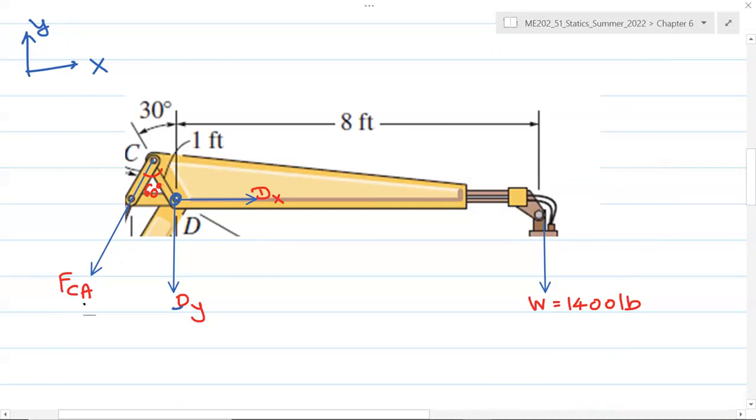So there is a force along link AC, which is FCA. And this is the applied load, and this angle here is 60 degrees, and the distance between C and D is 1 foot. So FCA has two components: FCA cosine 60, which goes along member CD, and the other one is FCA sine 60, which is this.